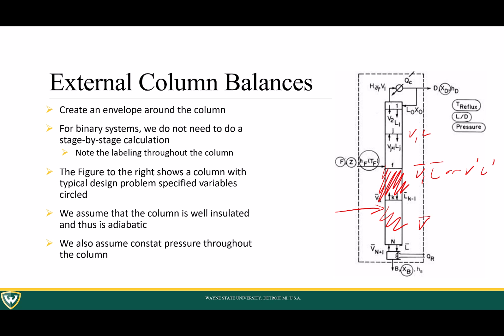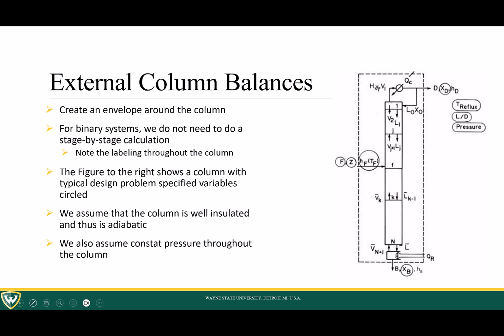You can either do V double bar, L double bar, or V double prime, L double prime. I'll typically use the primes if we start from the bottom, but just know that it's a way to denote which region of the column you're at. The reason why it's important to denote that is because when we start getting into internal balances, the mass flow rate is going to change and the slope is going to change within this region versus this region of the distillation column.